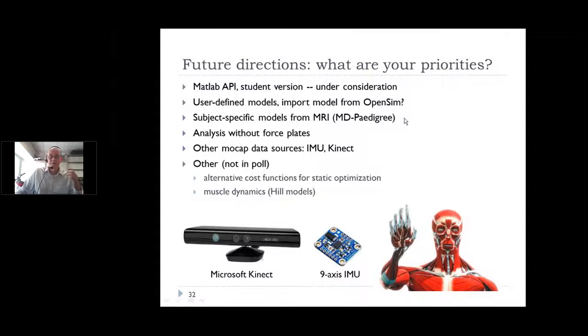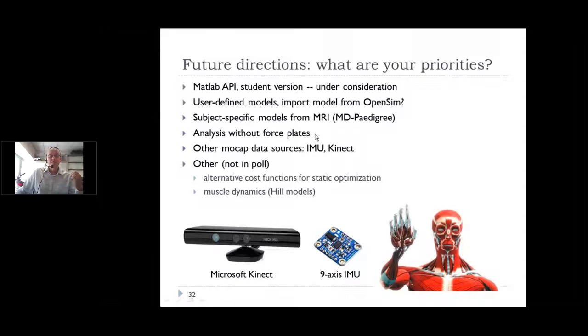There is also work on developing subject-specific models from MRI, so where you actually determine your joints and even your muscle paths and muscle properties from MRI data for a specific subject. And if there's a strong interest in that, then that could be developed as well.